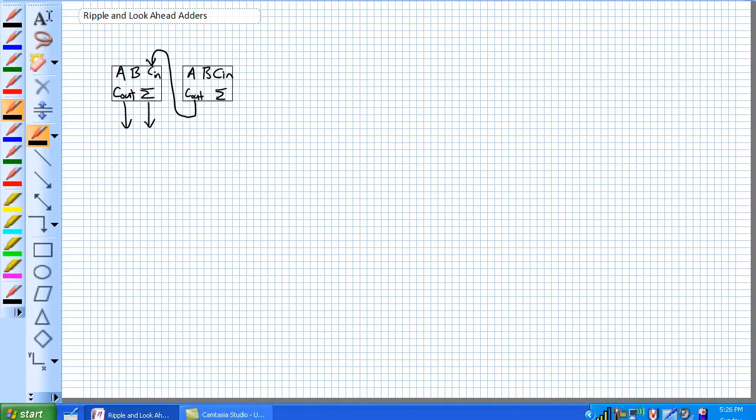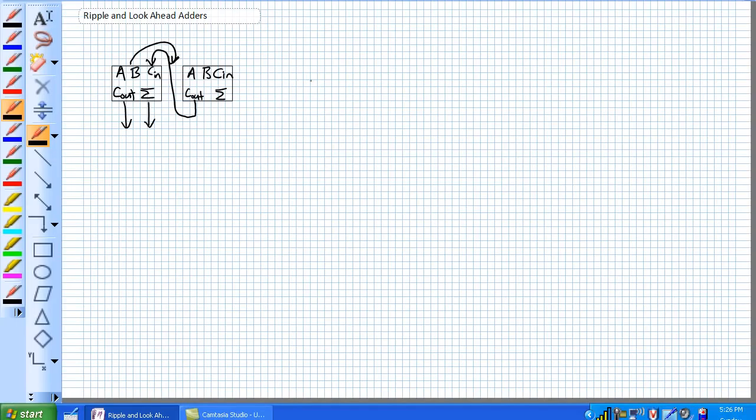So how do we get around this? What we have is look-ahead adders. When I talked about it earlier, it's about this adder looking at what's coming in prior to it. Basically it anticipates the output carry of the previous stage, and it can generate its own output carry by one of two methods.